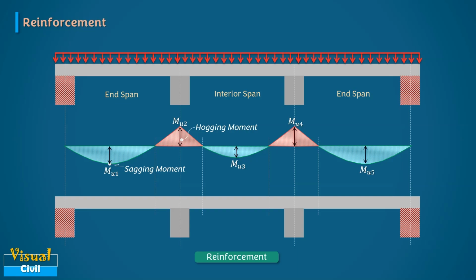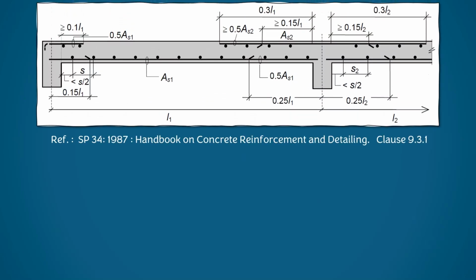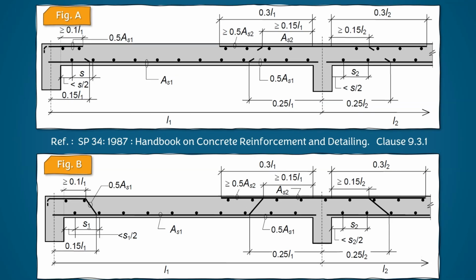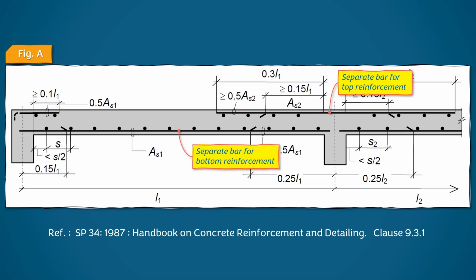The required reinforcement for the calculated sagging and hogging bending moments at the different midspan and support sections should then be determined. As per SP 34/1987, this reinforcement may be provided in one of two alternative ways as shown in figure A and B. In the first method, separate bars are used for the top reinforcement and the bottom reinforcement.